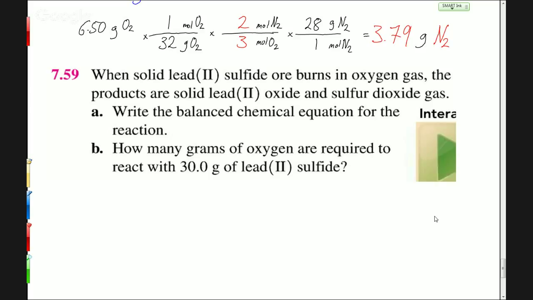But ultimately, you want to be able to do this on Tuesday. Lead is Pb, if you didn't know that. You will have a periodic table on Tuesday.